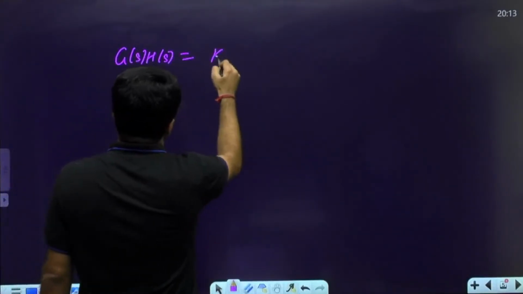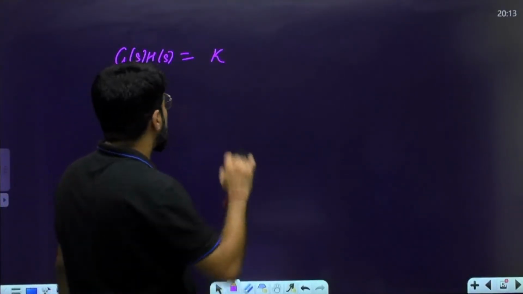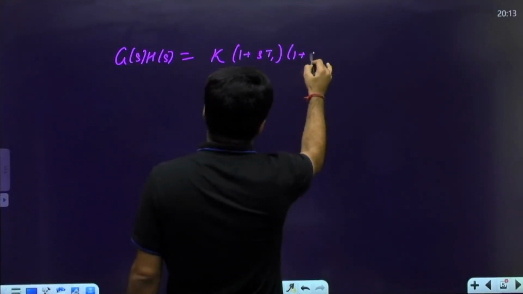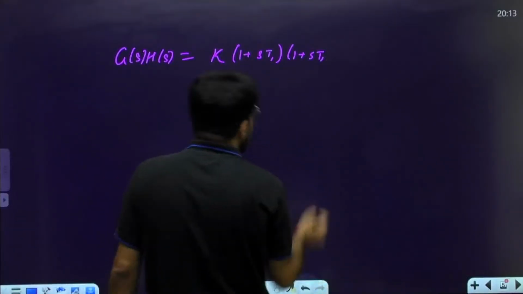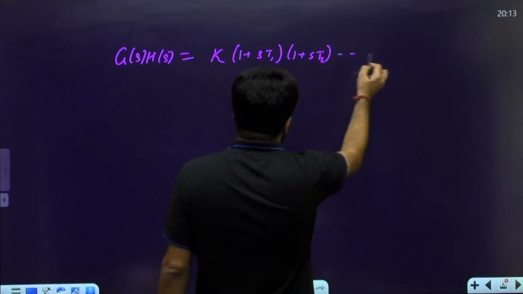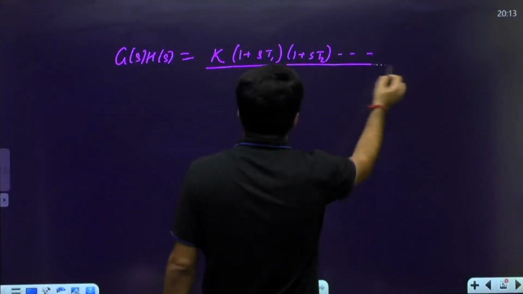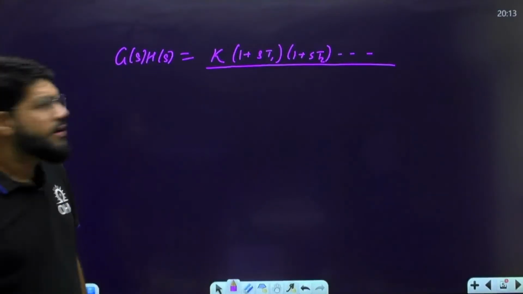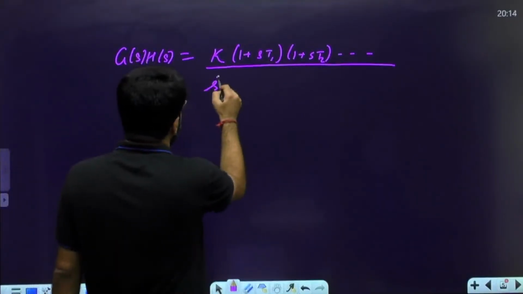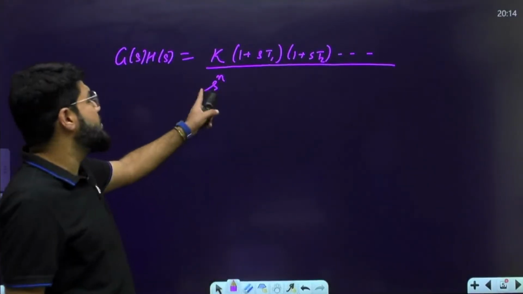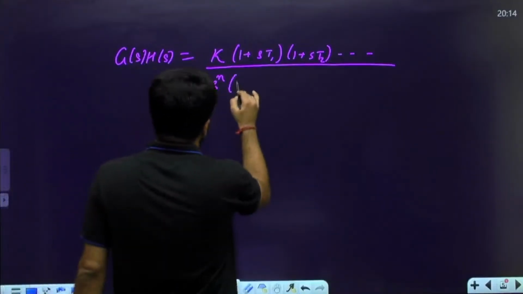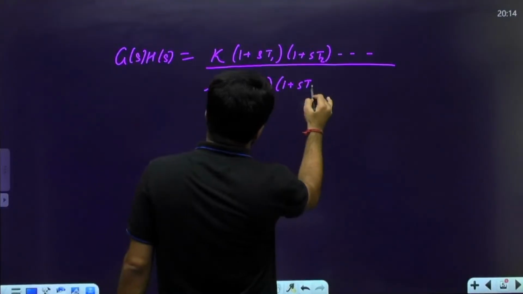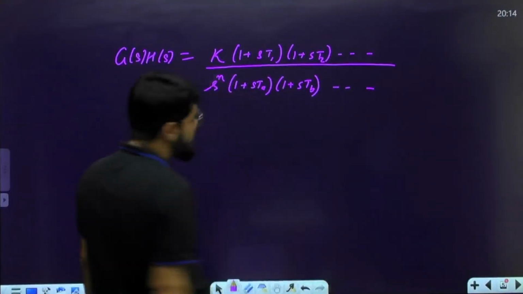G(s)H(s) has a gain term, a constant term K, into some zeros, simple zeros of first order, 1 plus sT1, 1 plus sT2. I'll also explain what happens if there is a zero or a pole of second order. This is divided by s raised to the power n, which represents poles at the origin, into some simple poles, 1 plus sTa, 1 plus sTb, and so on.